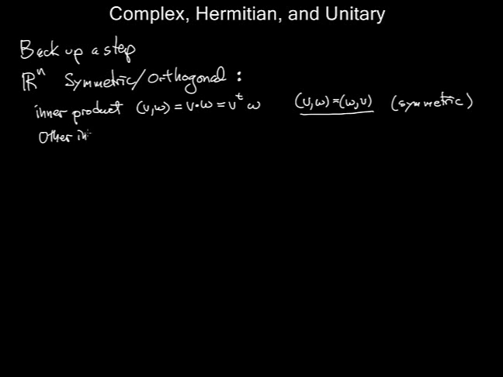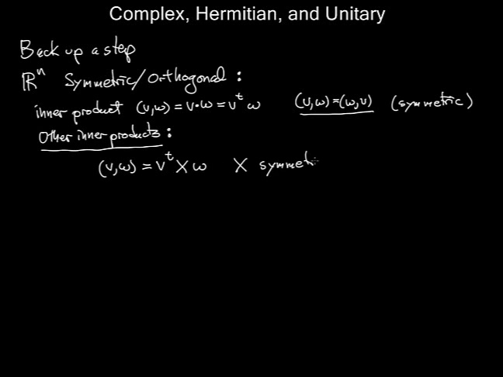Now, there are other inner products which satisfy similar properties. You don't just have to use the dot product. Consider the following. Suppose I defined VW to be V transpose X times W. So it's just like the usual inner product, except I've stuck this X in the middle.